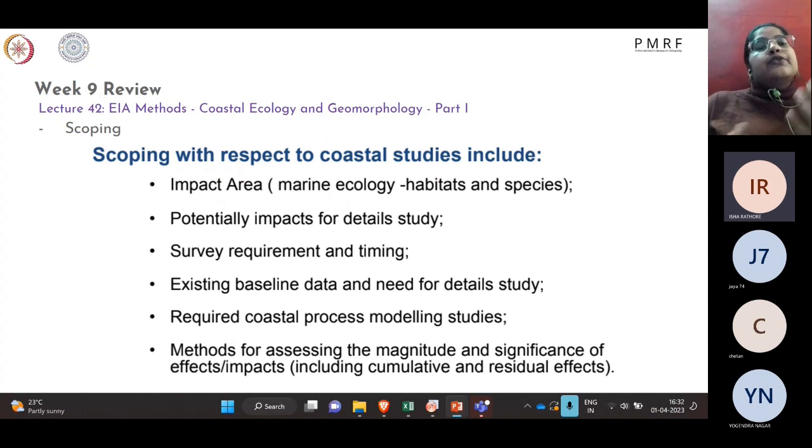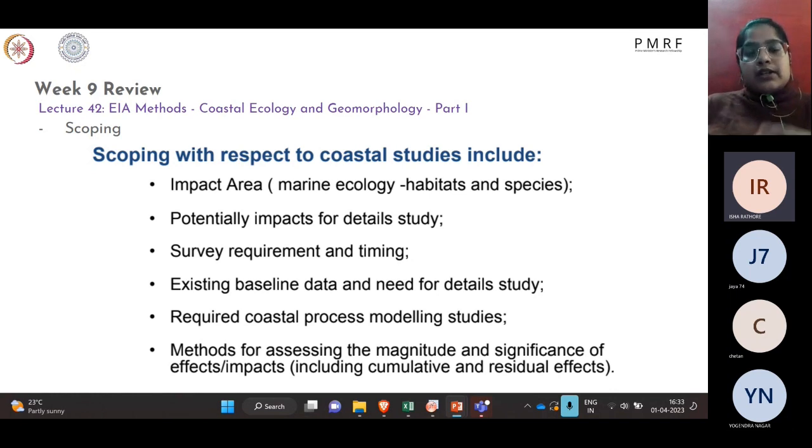And then in terms of doing scoping for coastal geomorphology or coastal studies, you need to include the impact area, that is the habitats and species which are directly or indirectly getting affected. You need to understand the study areas or impact sites, the survey requirements and timings, and you need to look up the existing baseline data and the need for detailed studies.